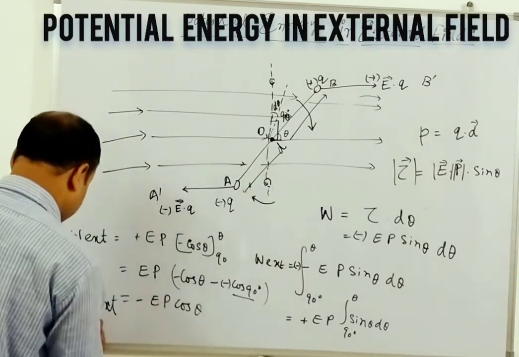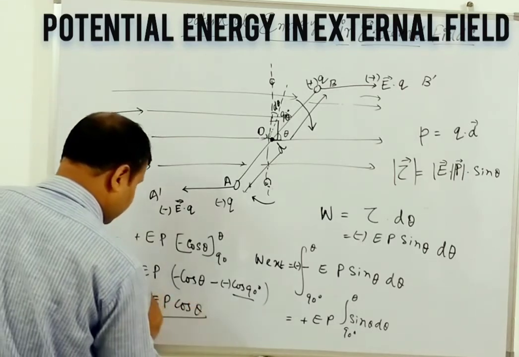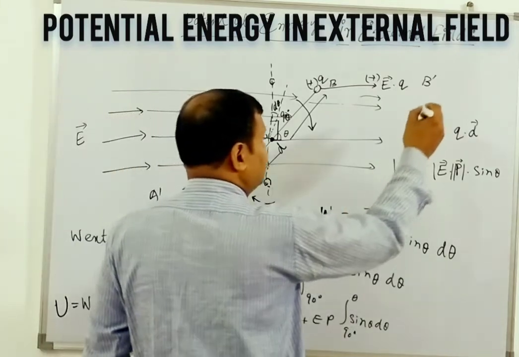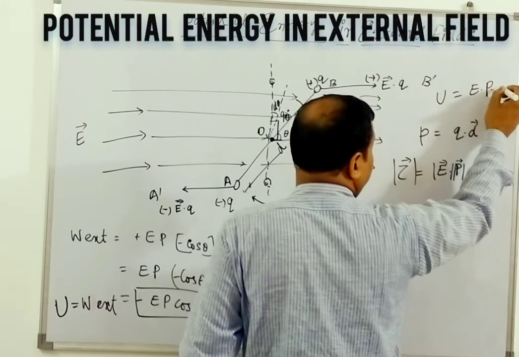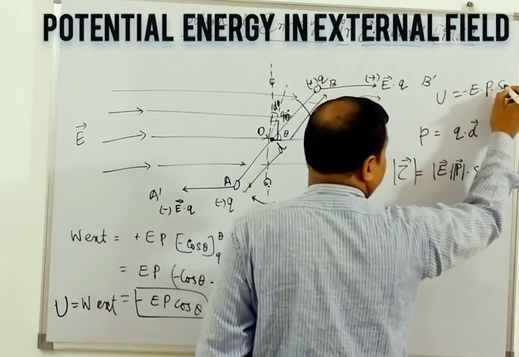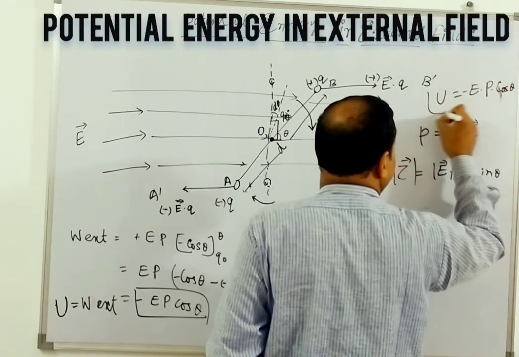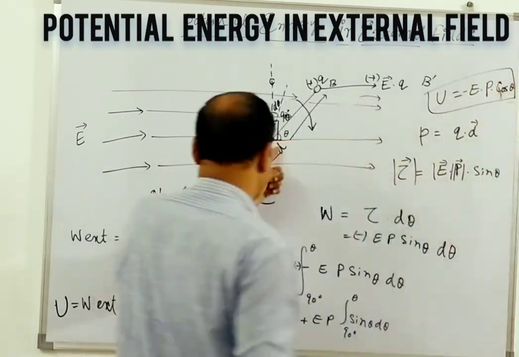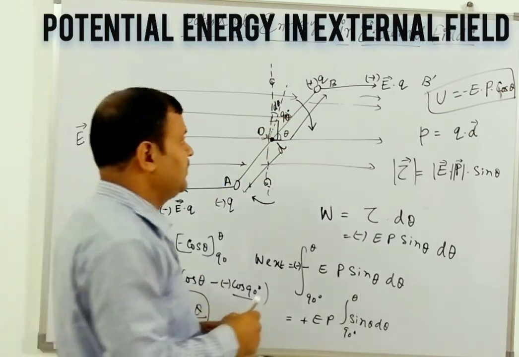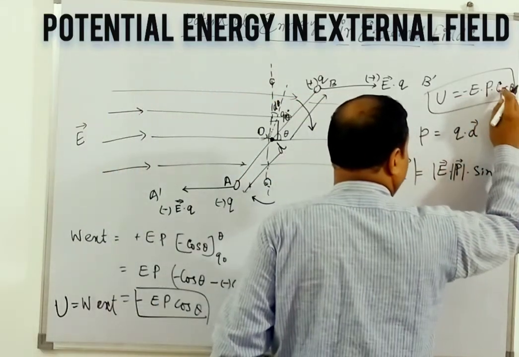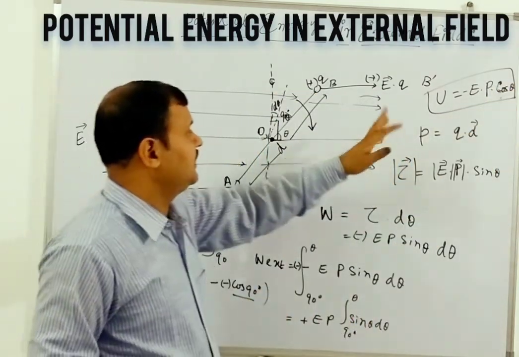And this W external is nothing but the potential energy. So the potential energy of this dipole is minus EP cos theta, where these are all magnitudes and theta is the angle between the electric field and the dipole. This external work, stored as potential energy, will be minus EP cos theta.